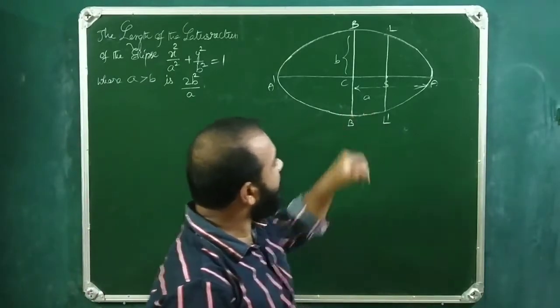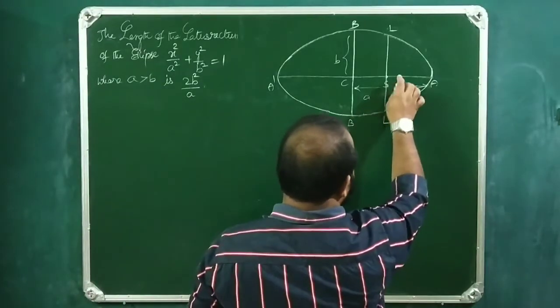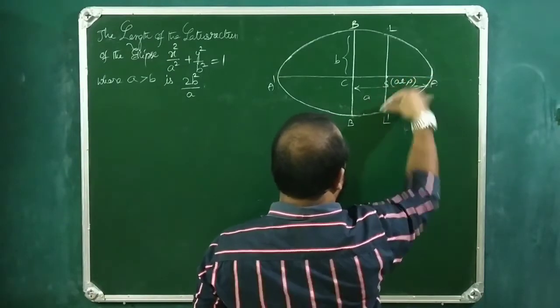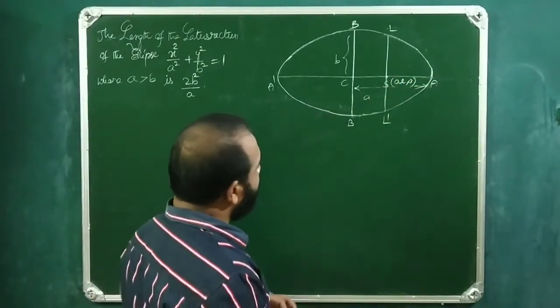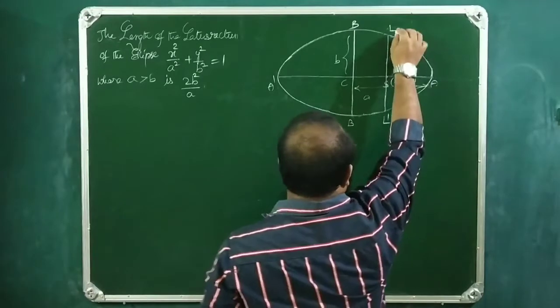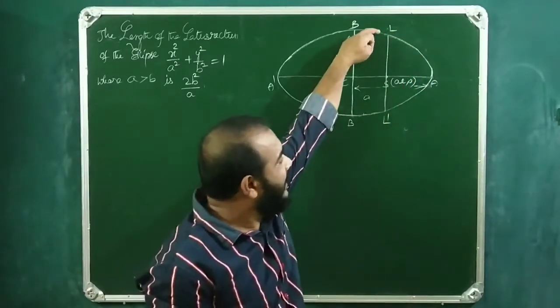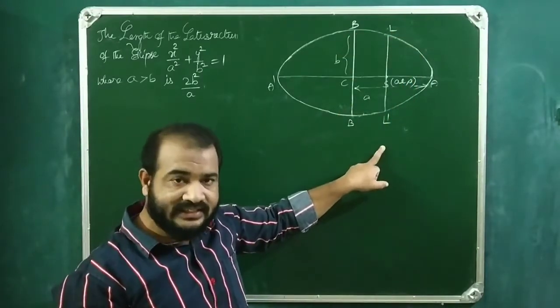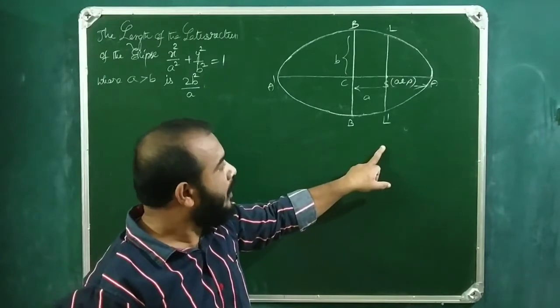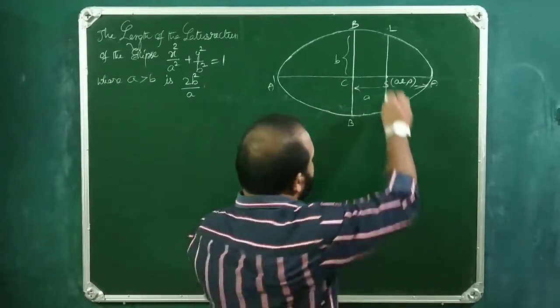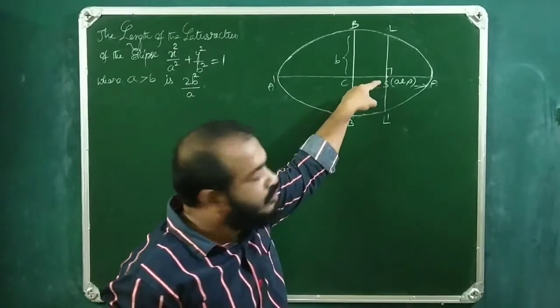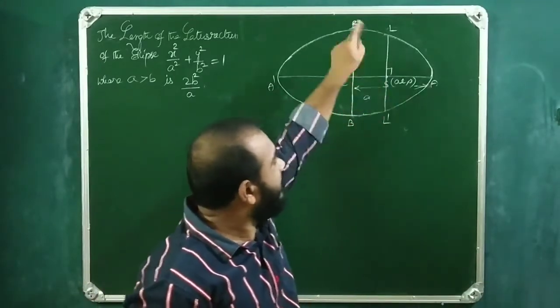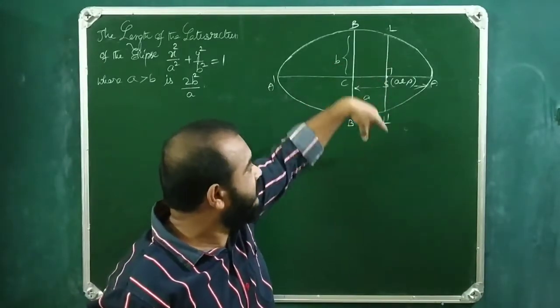We have already seen that the coordinates of S are AE comma 0. Then what are the coordinates of L, L dash? L, L dash is a line which is perpendicular to the major axis and passing through the focus. This is the latus rectum.